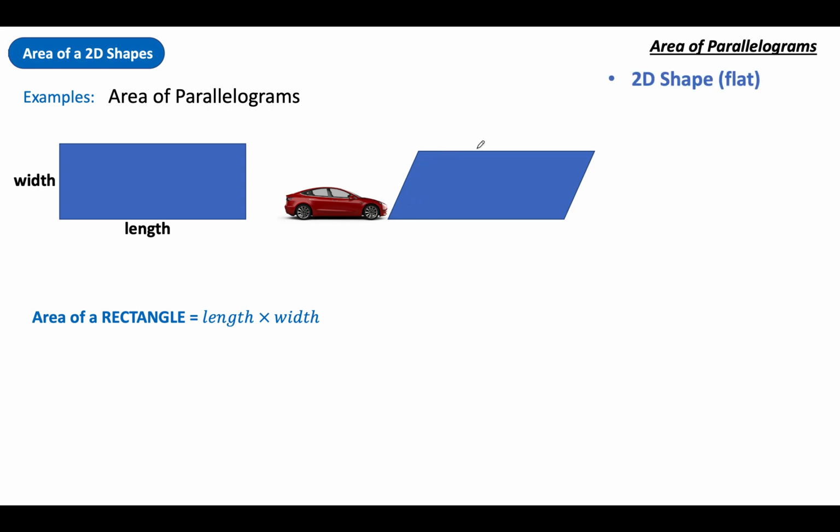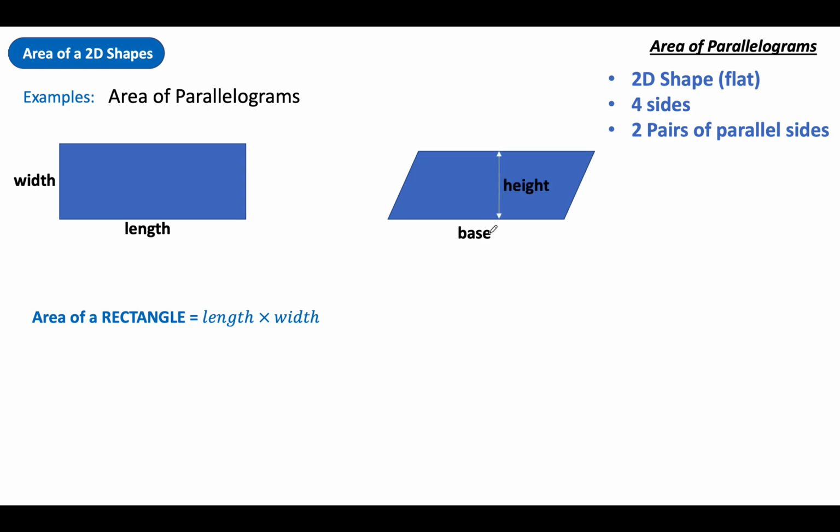It has a couple of interesting features. It's flat. Woohoo, not very interesting maybe. But it also has 4 sides, yep, and 2 pairs of parallel sides. So the top is parallel to the bottom, and that side is parallel to that side. Okay, so it's just like a rectangle that's been knocked over. And if we just get rid of those markings for a second, we usually call one side the base, and the other dimension we want is the height.